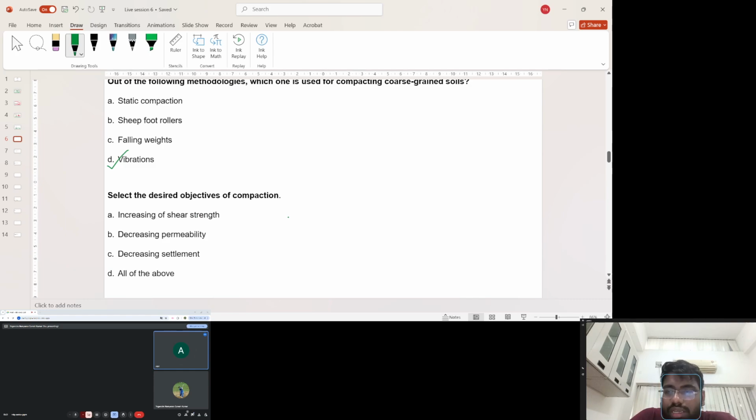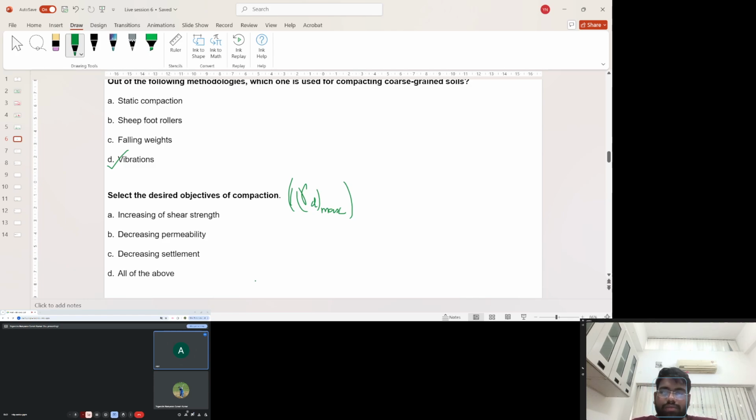Just for clarity, when we are doing compaction, the desired objective is that we need to achieve gamma d max, right? At gamma d max, that is at maximum dry density, the shear strength will increase, which is essentially due to more packing, a decrease in voids ratio, and more grain to grain contact.